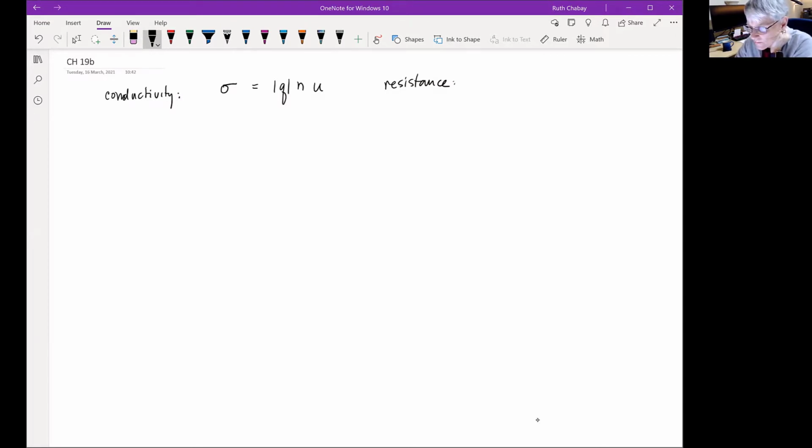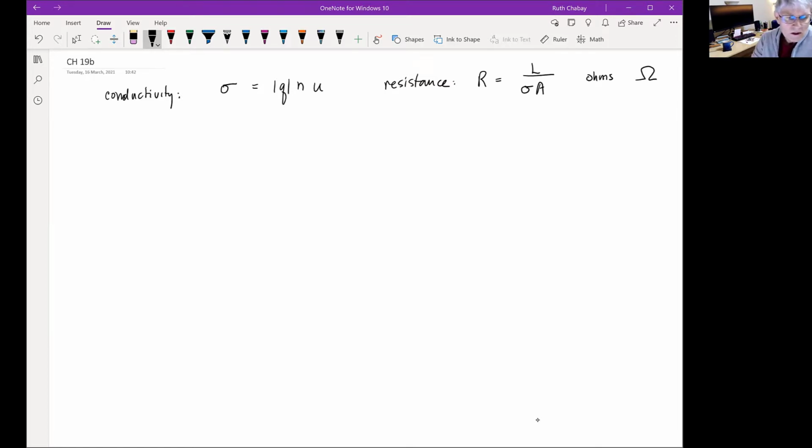And so resistance is a description of a particular object, like a light bulb or a piece of wire. Resistance came out to be defined as the length of the resistive object divided by the conductivity times the cross-sectional area. And it had units of ohms, and the symbol for that was an uppercase Greek omega.